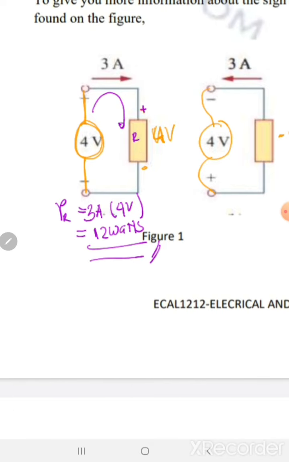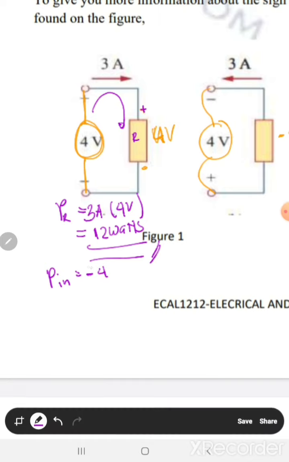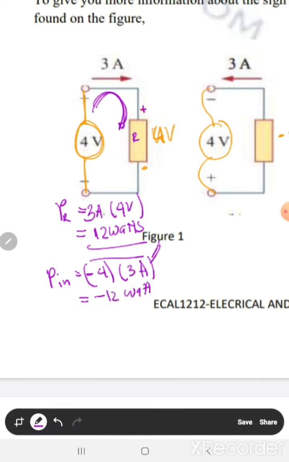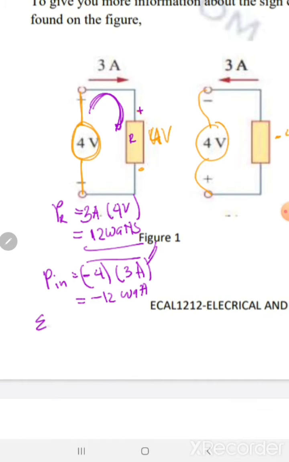R. Take note na ang P in is equal to, pumasok sa negative 4 volts multiplied by your, with the flow of current, positive pa rin yan, 3 ampere. So, we have negative 12 watts. So, if you get the summation of our power, which is equal to P in plus PR, we have 0. Okay? Summation of power.